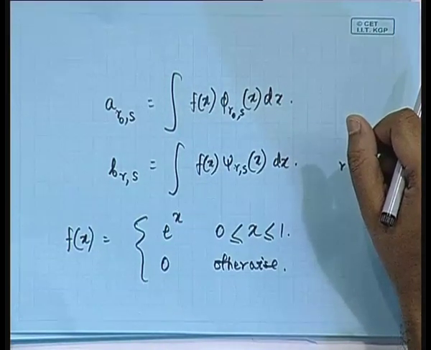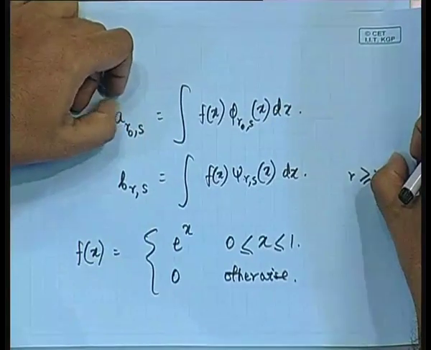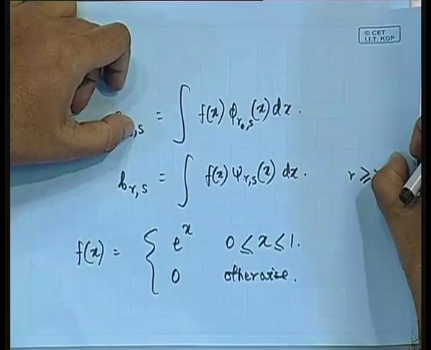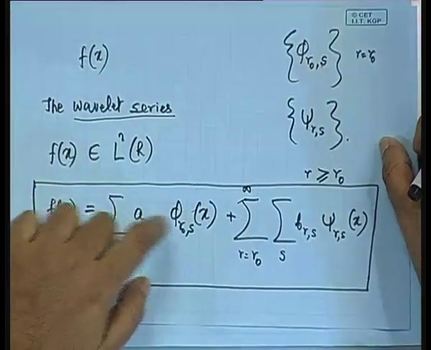So, the integration will get replaced by a summation series, and the manner in which we can write is like this: equivalently this a r 0 s, what was a? A is the coefficients that is associated with the set of scaling functions, with the shifted versions of the scaling function.